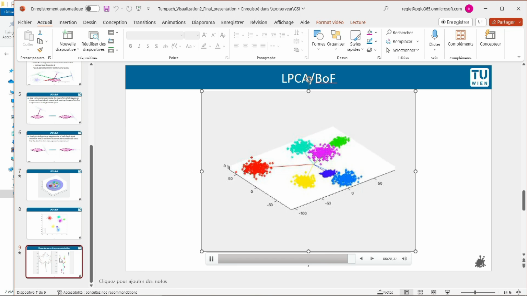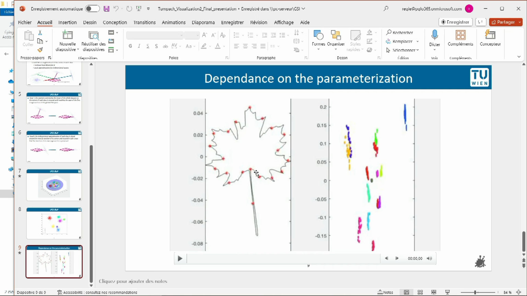I will show you now. So here you have a contour with the sample coming from a given parameterization. And on the other hand, you have the distances or the position in 2D of the visualization of all the classes.